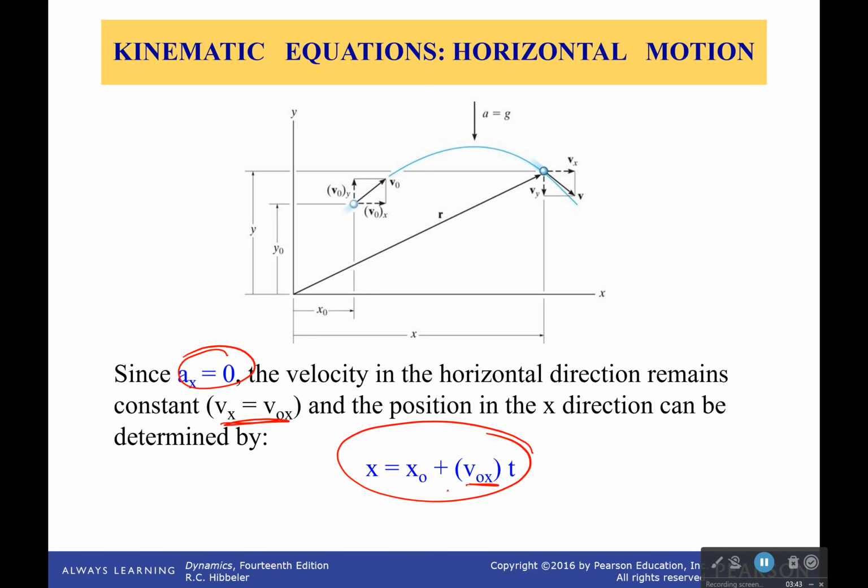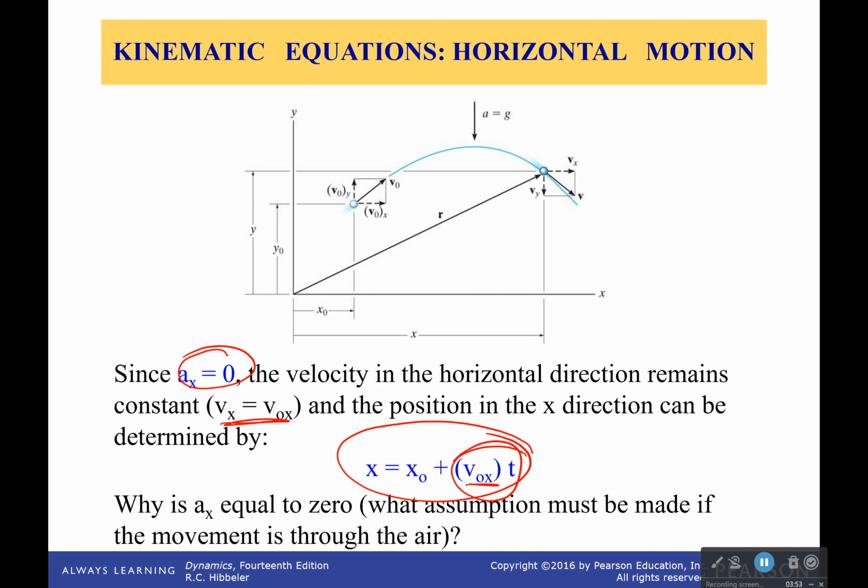There is no acceleration, so that last term just falls off. And we hopefully know what its initial x position is. So it's just a function of velocity and time. Now, as I was saying earlier, if we're saying that acceleration is zero, we have to assume zero or at least negligible air friction.